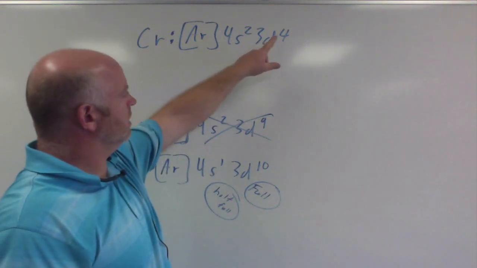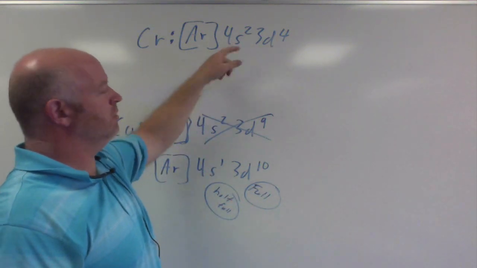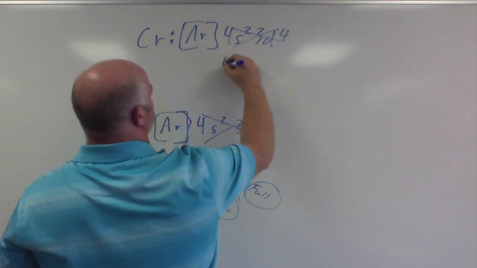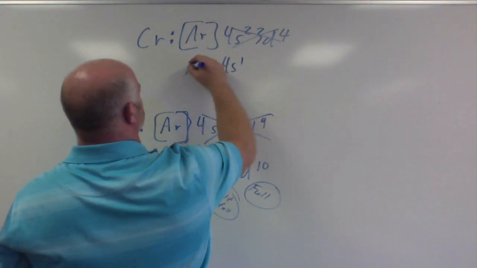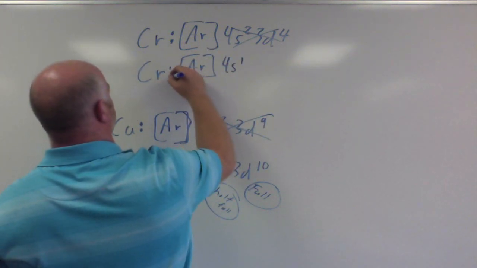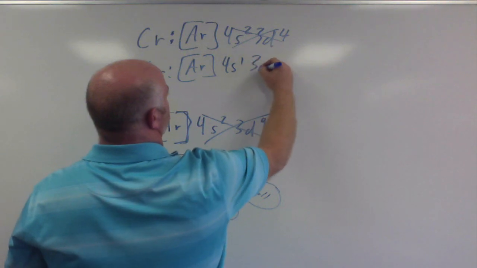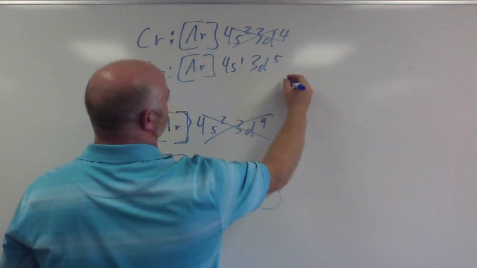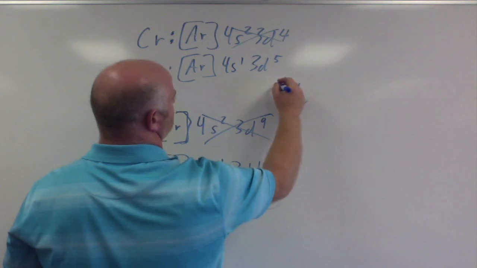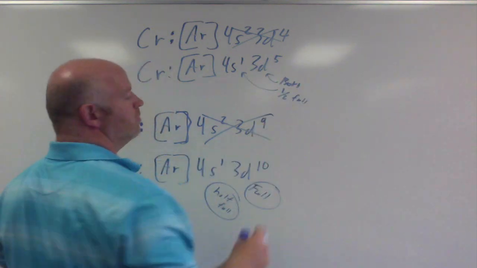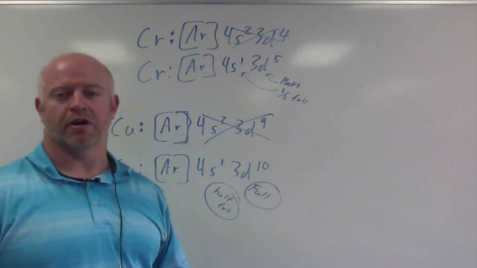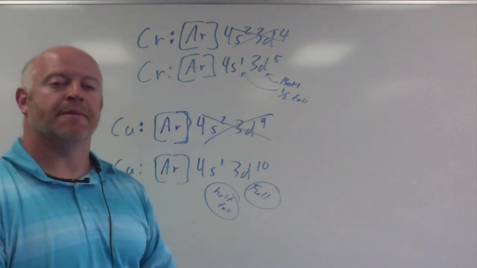With chromium, again, we're not quite half full and we're full, so by not doing this, instead doing 4s1, 3d5, they're both half full, which is a more stable way of doing it than if we just had one full and one not quite there. Again, that happens in our group 6.